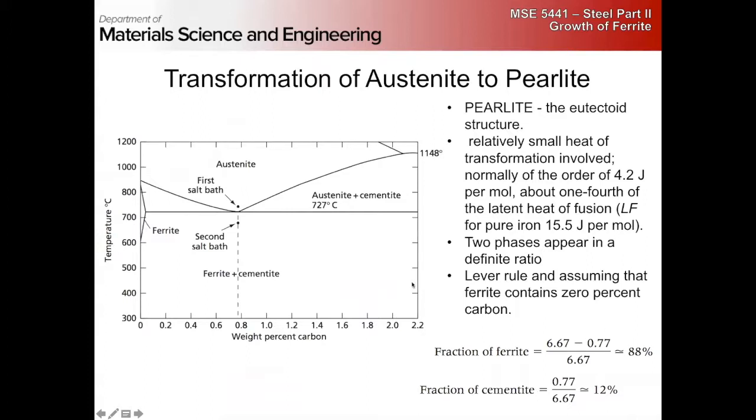And so if we come down from the eutectoid point, pearlite is the eutectoid structure. If we're at the eutectoid composition, and we completely solutionize into the austenite regime and drop down below the eutectoid temperature, we will get a microstructure that's completely composed of pearlite, and it will be 88% ferrite and 12% cementite, right?